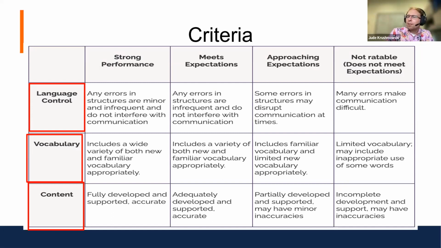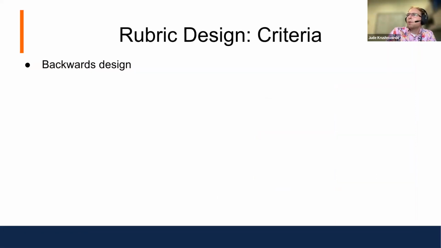But when we're looking at criteria, we want to think about backwards design, right? So if we're starting with our objectives and our goals in mind for what we want students to be able to do, then we want to choose criteria that align with those goals, that allow us to see if students have met those goals or not.